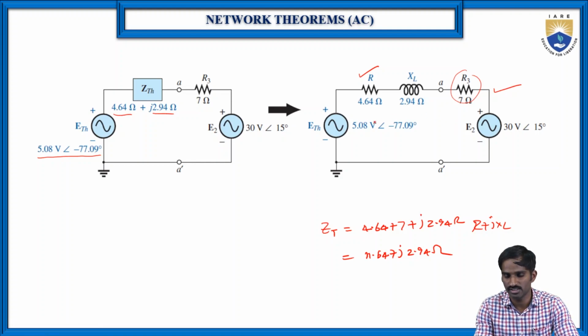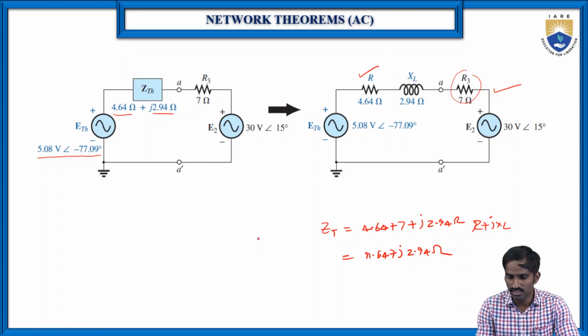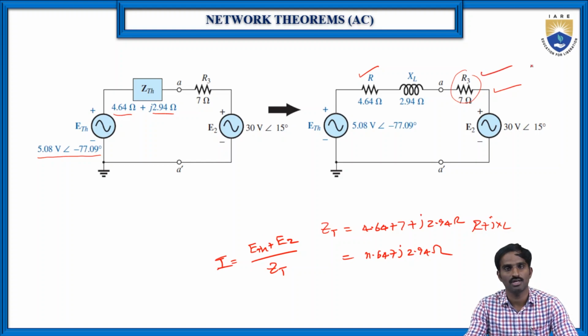Then the total current I is equal to (E Thevenin's plus E2) divided by Z total. Then you will get the total current I flowing through the resistor R3. This is how we can find the current flowing through the load resistor by using Thevenin's theorem.